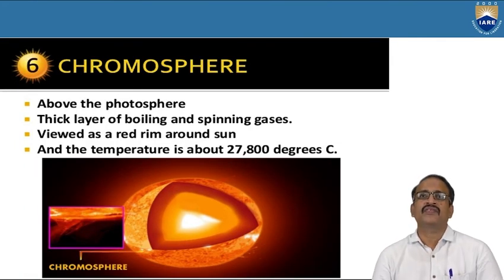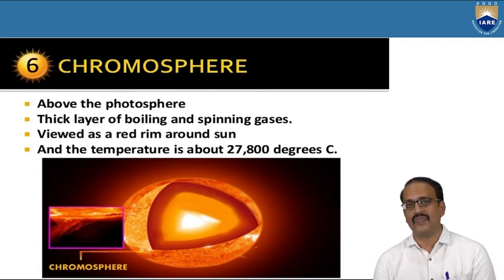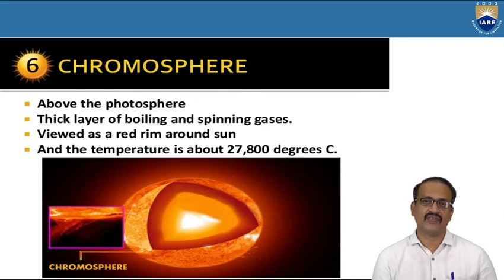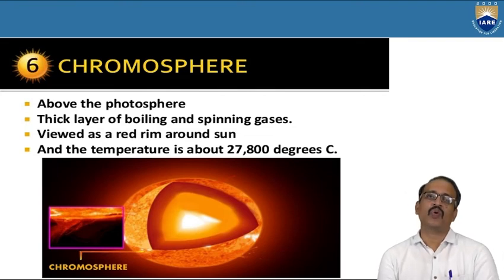And above all this, above the photosphere, it is red. It is viewed as a red rim. Actually, we are saying the photosphere is the surface of the sun, but above that we have a red rim-like thing, which is called the chromosphere.